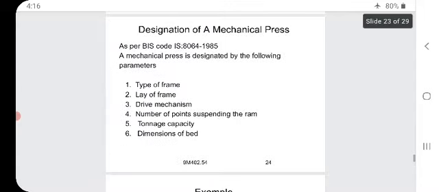First, the type of frame. Second, lay of frame. Third, drive mechanism. Fourth, the number of points suspending the ram. Fifth, the tonnage capacity. And sixth, the dimensions of the bed.